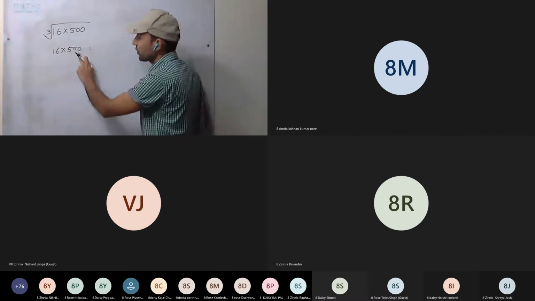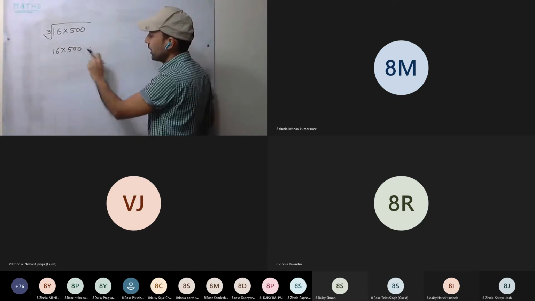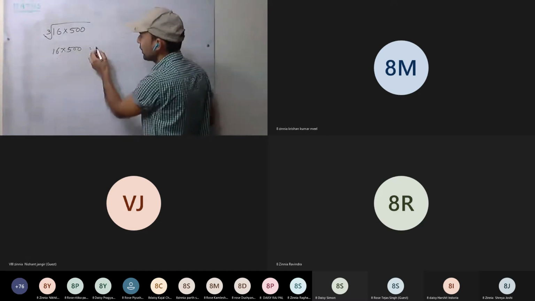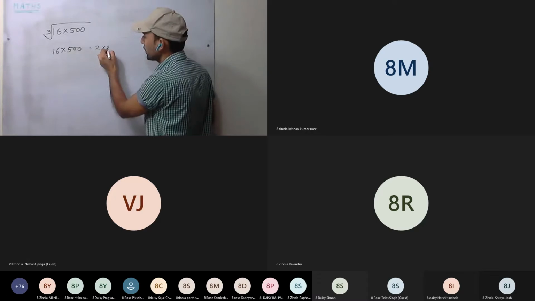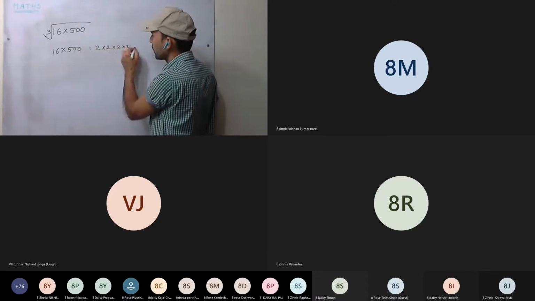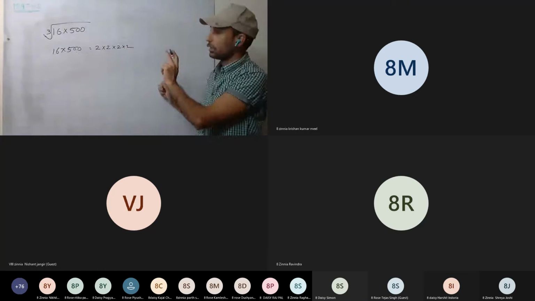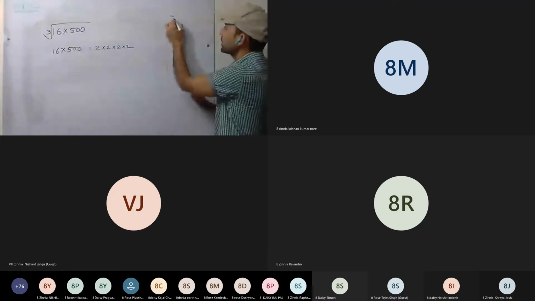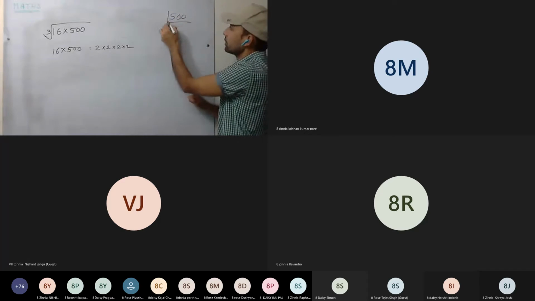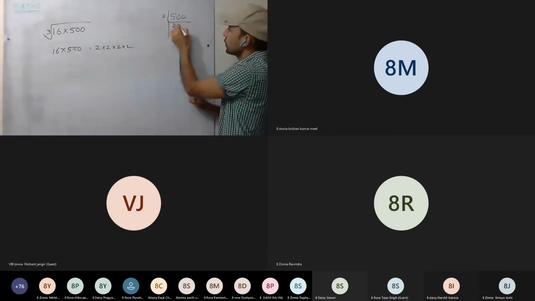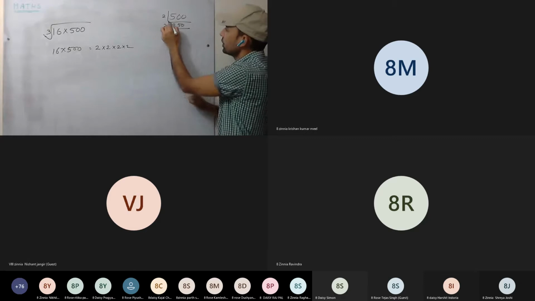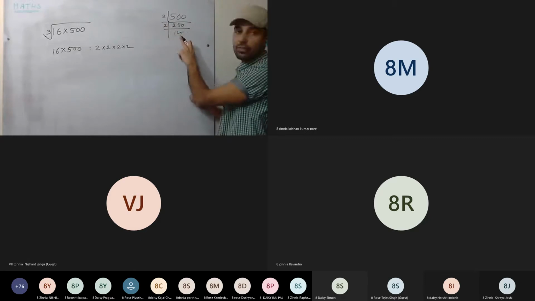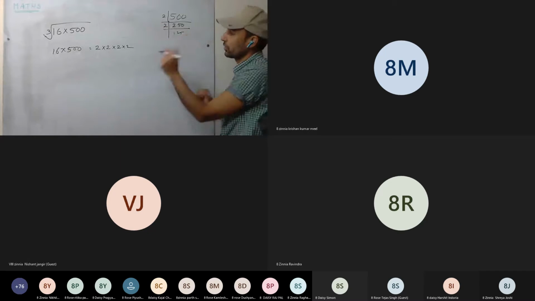So 16 into 500. First, we will factorize that. 16, it will be how much? 2 into 2, 2 into 2. Only four 2s we are getting. That means we may get 2 from here. So factorize 500: 2, 250; 2, 125. 125 again we are getting 5 into 5 into 5.